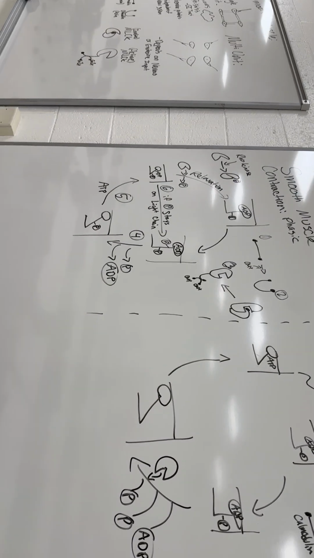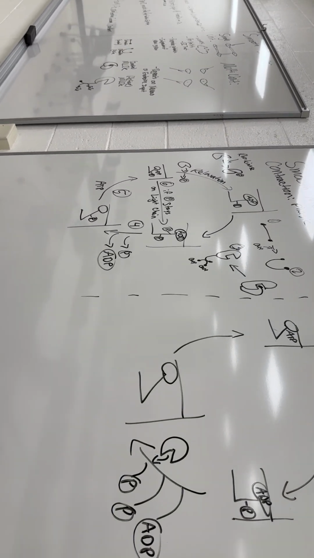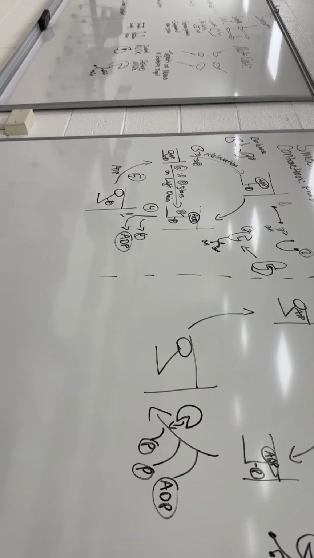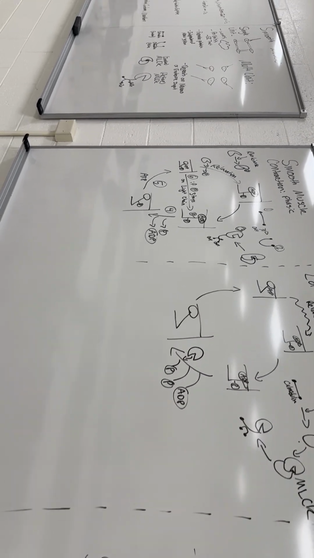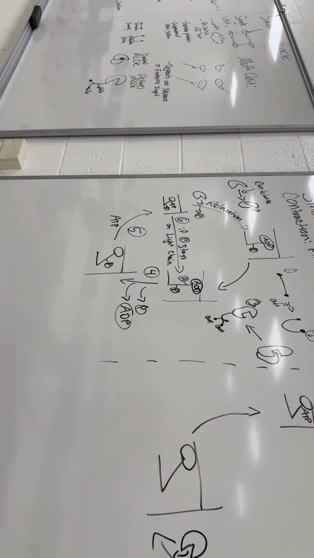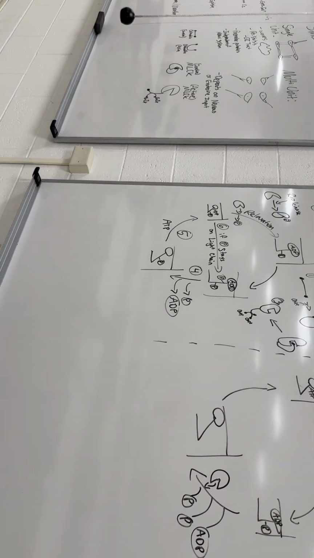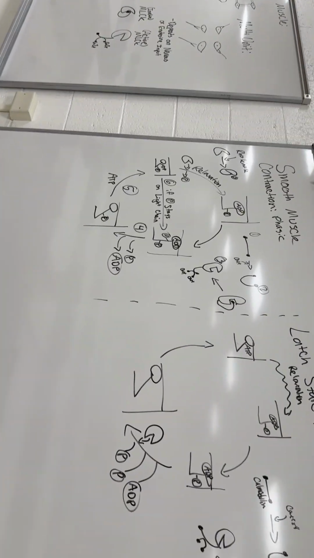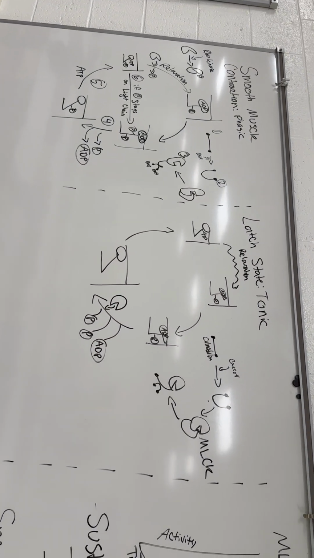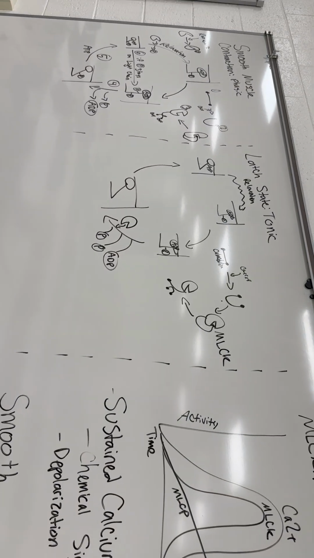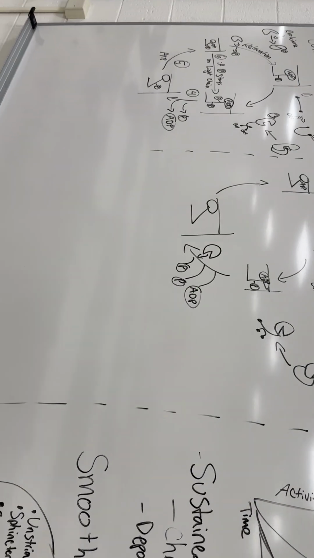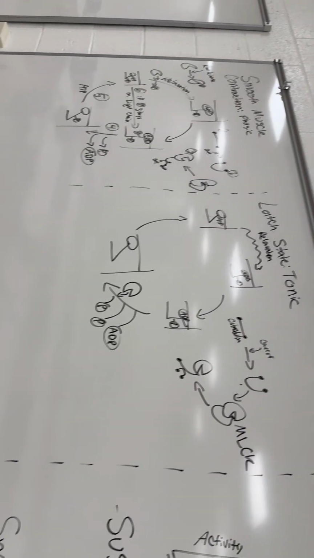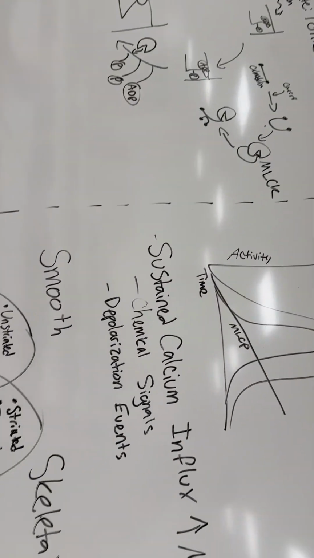We just want a nice, smooth contraction to be able to move that food down our GI tract, or to be able to close our blood vessels or our bronchioles. We don't want those to become a tonic contraction where they stay contracted and constricted. So tonic is useful for our sphincters.